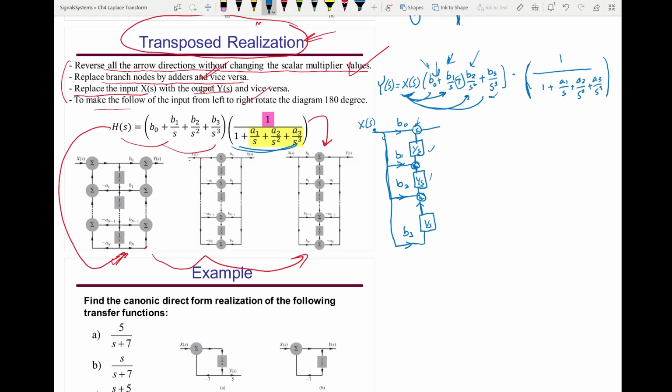And the output of here will be this x of s going to this subsystem, and I will get w of s. So let's call this w of s. So now w of s is going to this feedback system. So g of s is 1, so that is the 1 here. And then it's going to this feedback, which is an integrator amplified by a1, and it's negative feedback.